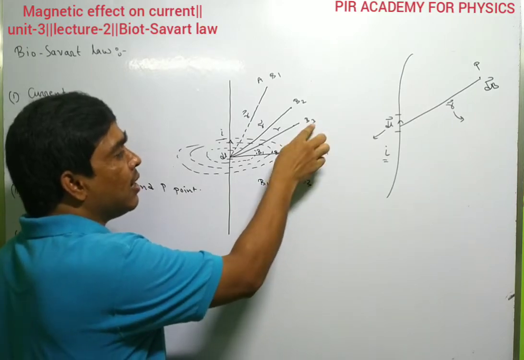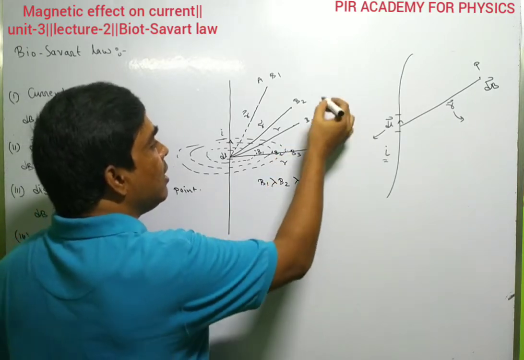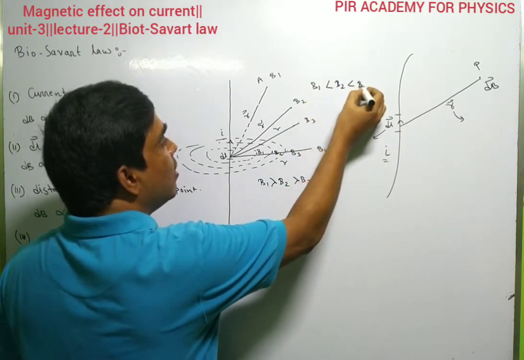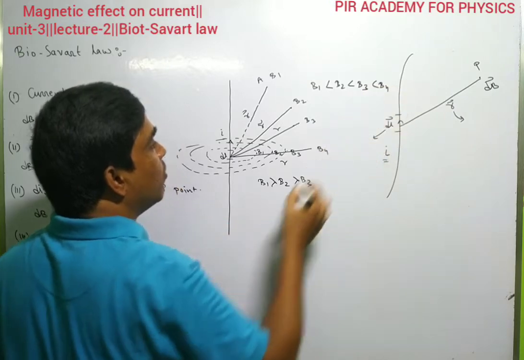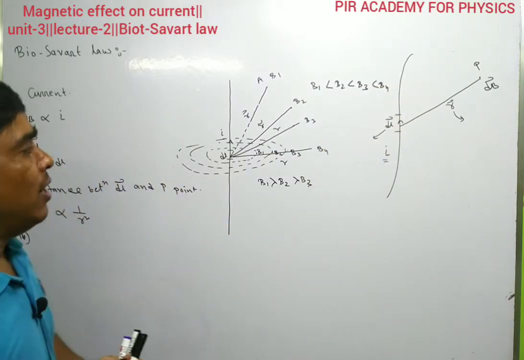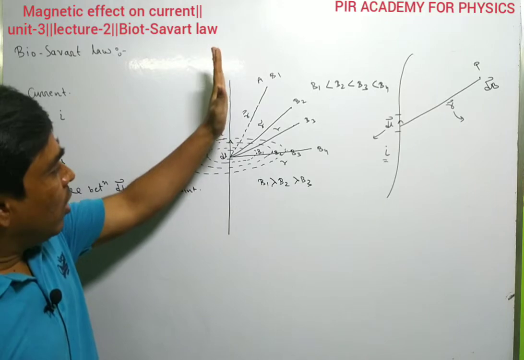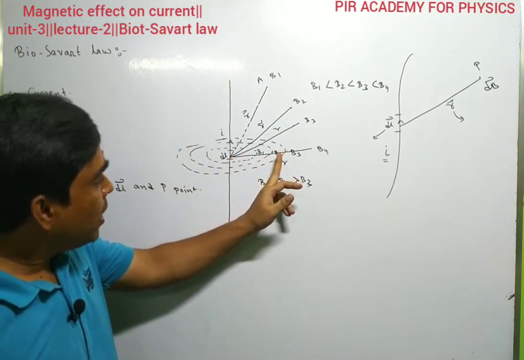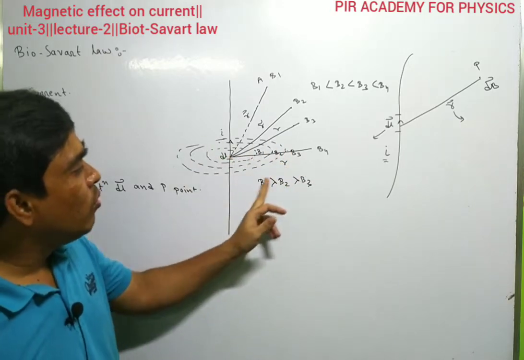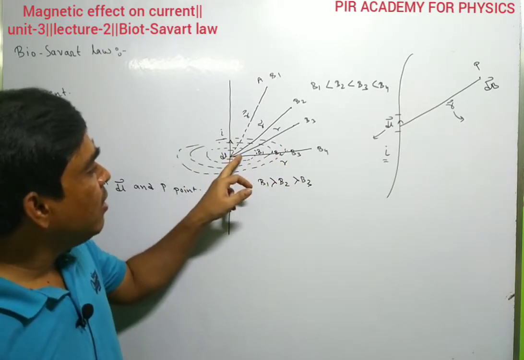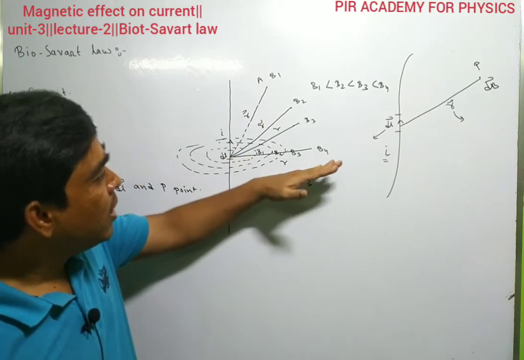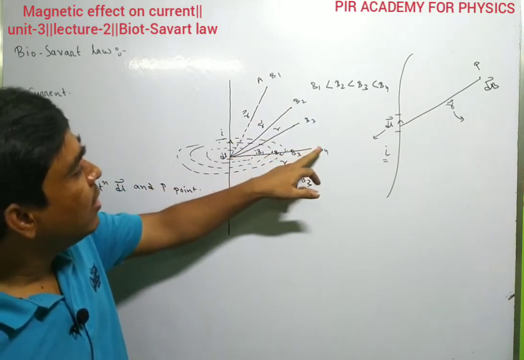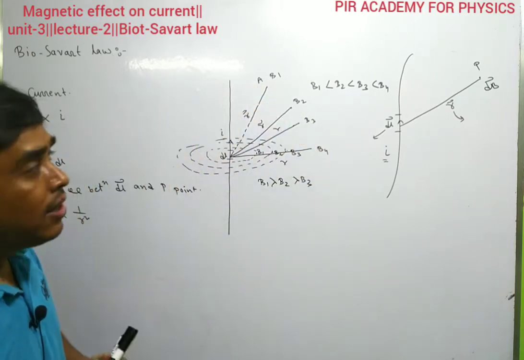In this case B1 is less than B2, less than B3, less than B4, because we have learned that the magnetic field due to a current carrying conductor is formed in this way. So the magnetic field in this region will be maximum. If we go along this direction at the same distance, then the magnetic field will decrease.